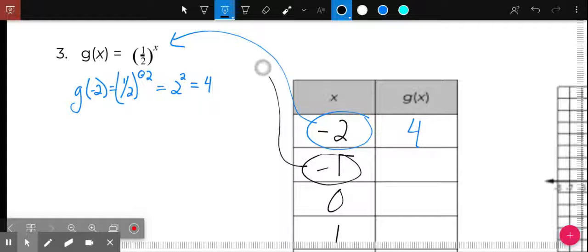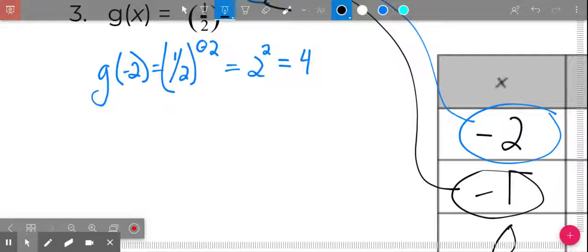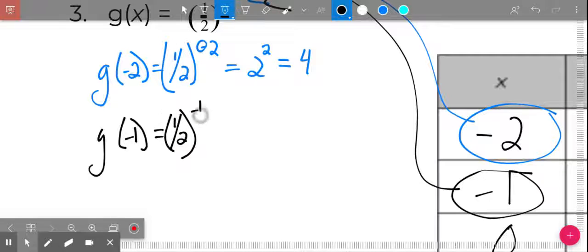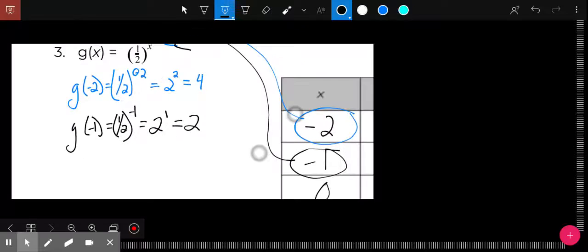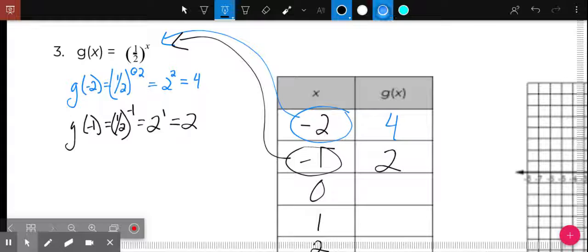The next one we're going to plug in is that -1. So I'll have g of -1 equals 1/2 to the -1. That negative is going to make everything flip. So it becomes 2 to the first, which is just 2. Now plug in the 0.